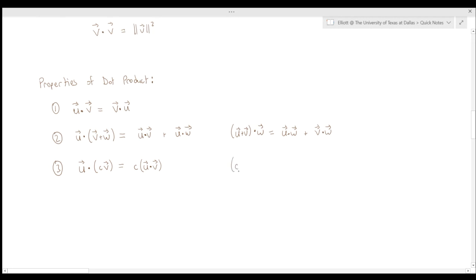And again, if c was multiplying the first part of the dot product, you can also factor it out. All right. So then let's try to do an example problem involving some of these properties.